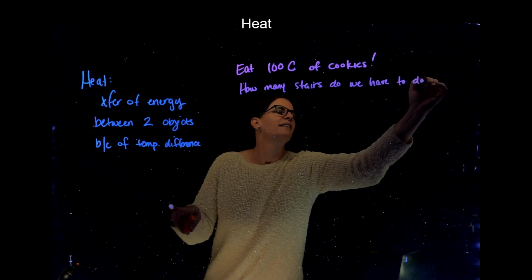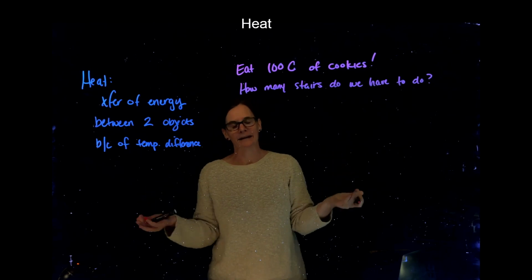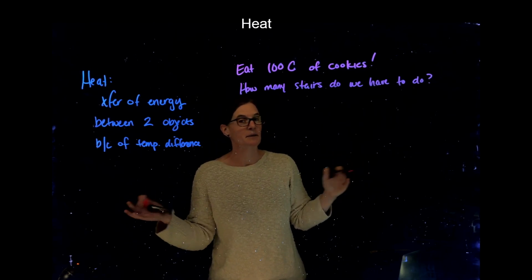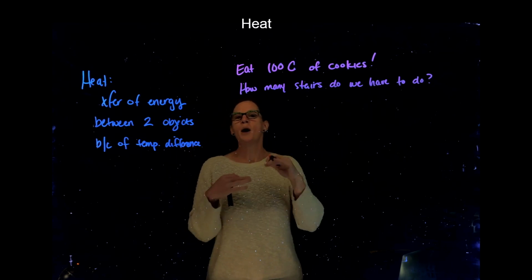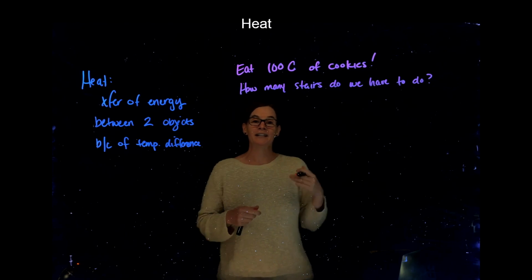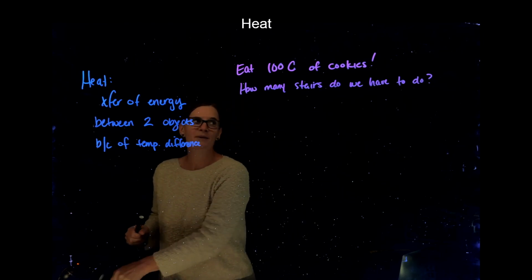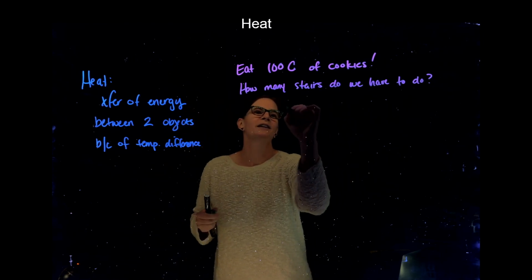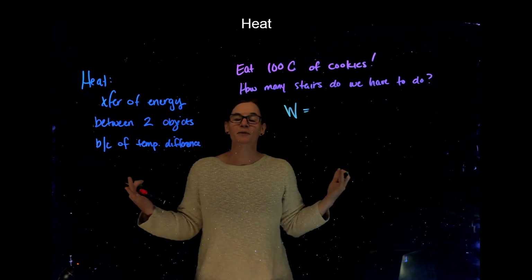Okay, so stairs, that's moving up. Admittedly, on a stair stepper you don't go anywhere in altitude, but we're going to pretend that we do. That's moving up in altitude, and it takes us work to move up in altitude. So if we remember our relationship for work, work is our change in energy.